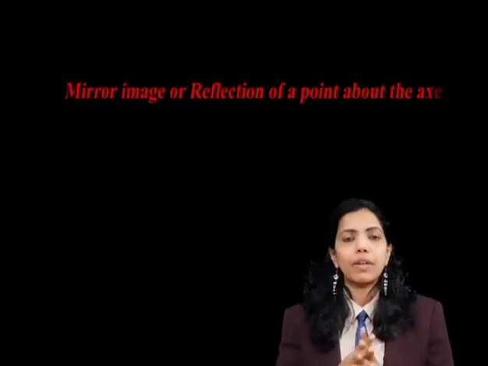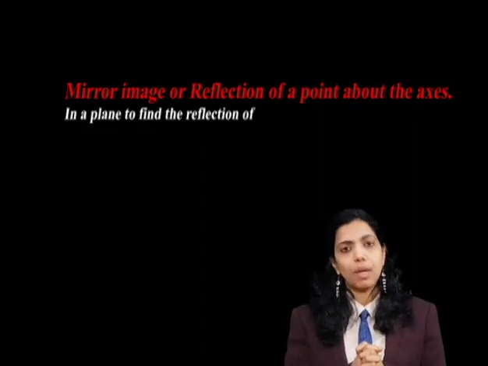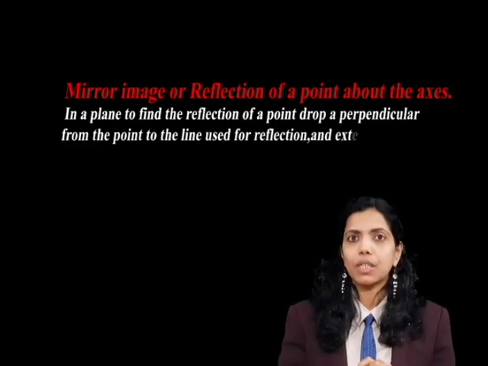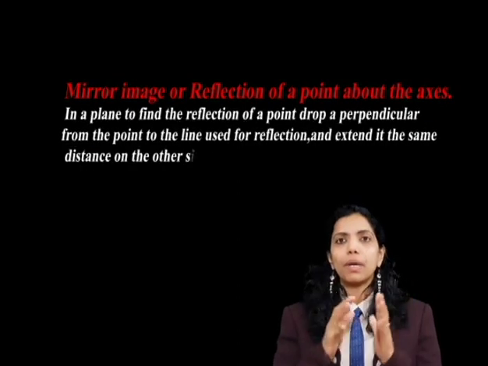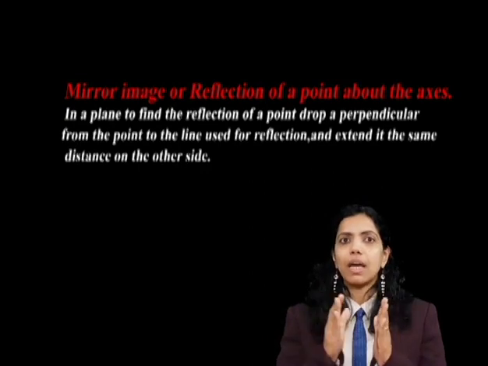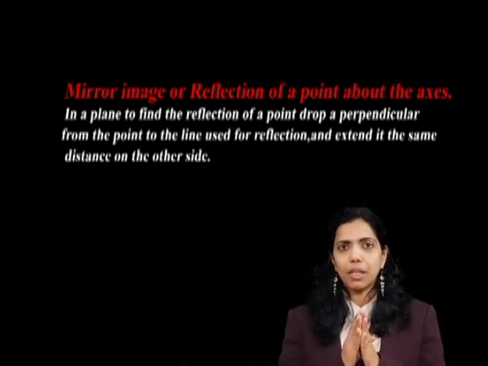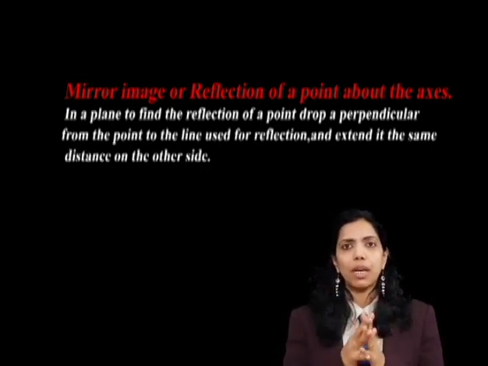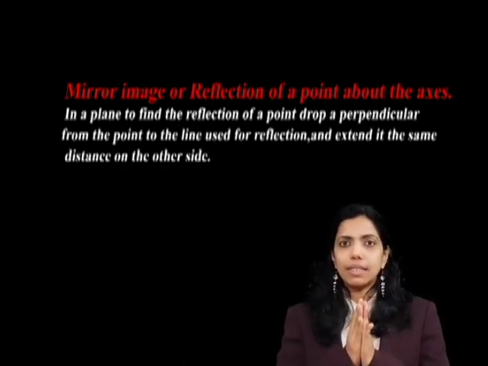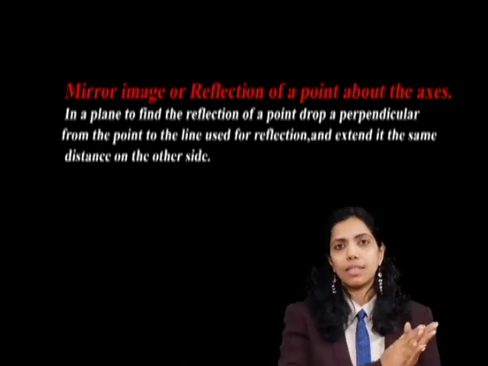Now one more important topic is the mirror image or reflection of a point about the axis. In a plane, to find the reflection of a point, draw a perpendicular from the given point to the line used for reflection. The reflection can be about the x-axis or y-axis, and extend it the same distance on the other side.